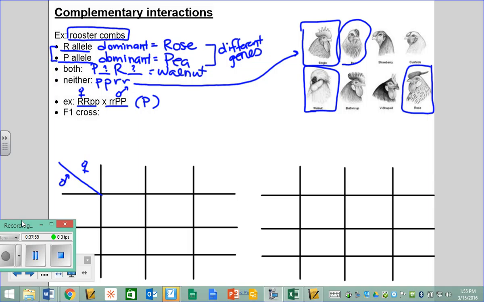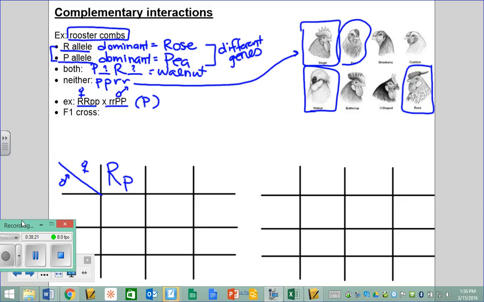I could, however, make one that was capital R, lowercase p. That would work. Now, for the female parent, do I have other options? What other gametes could I make? The answer is none. That's the only gamete that she makes.